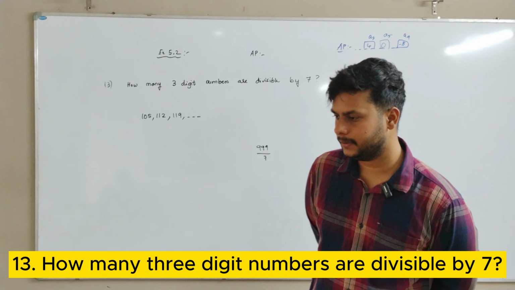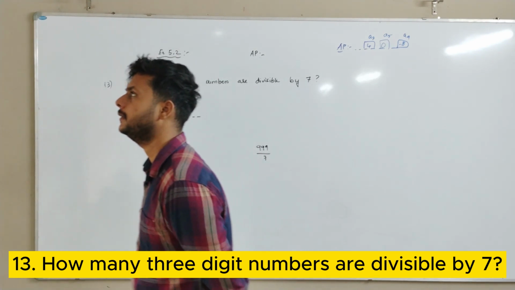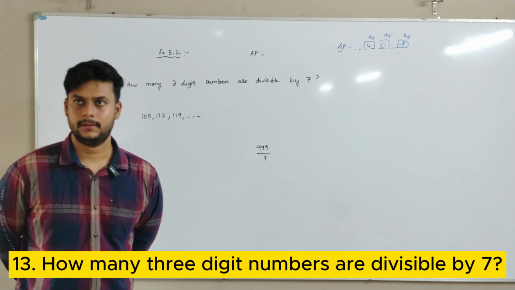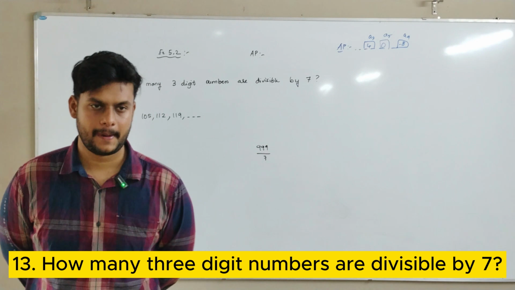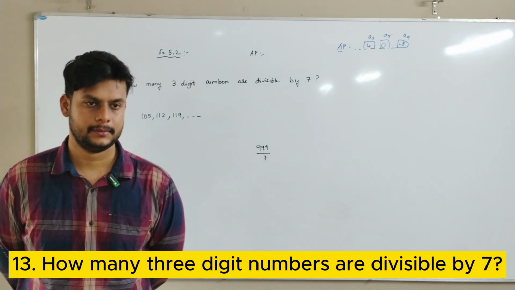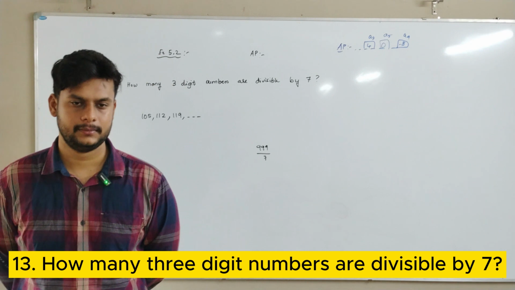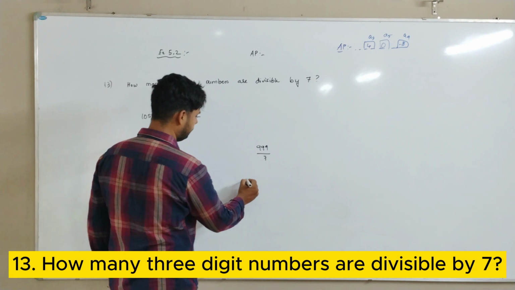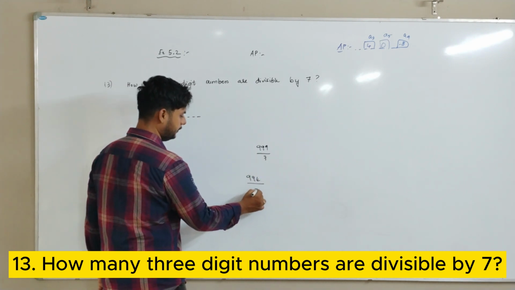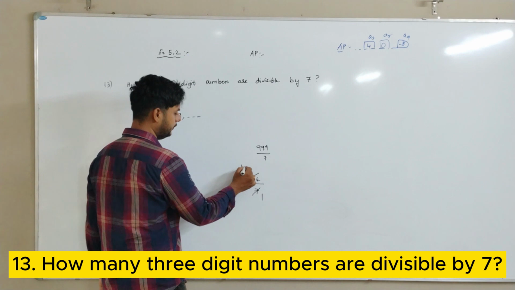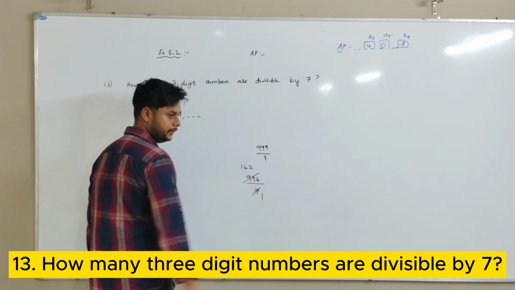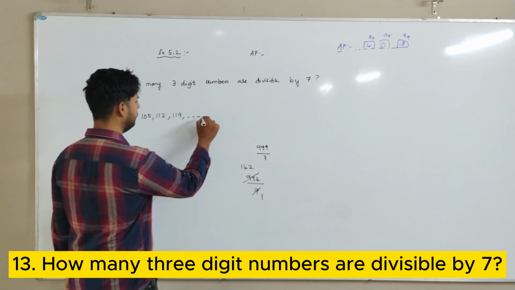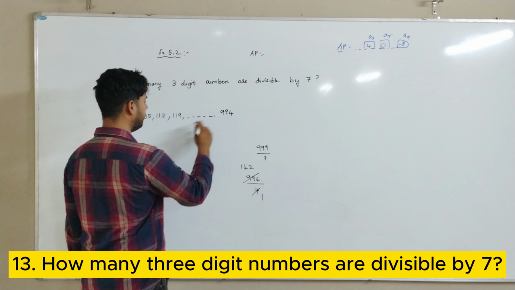Try 994. 994 divided by 7. 7 ones are 7, 7 fours are 28, 14, 7 twos are 14, 7 into 142 is 994. So 994 is the last term of this AP.